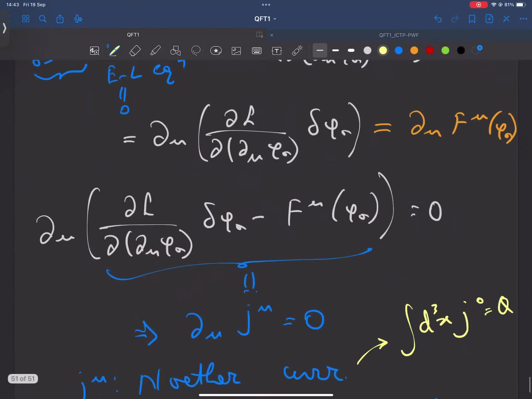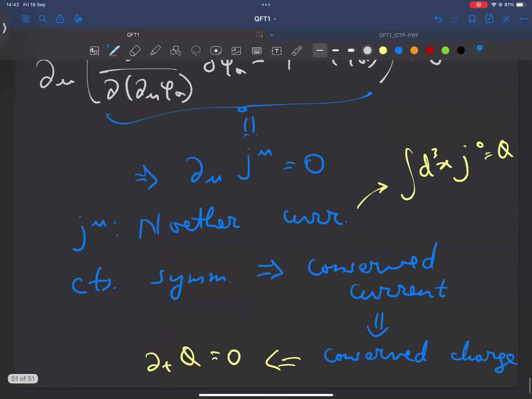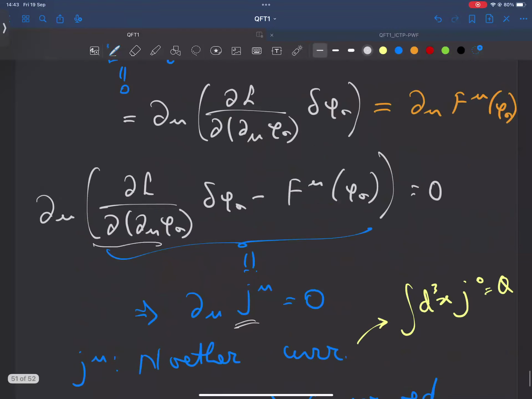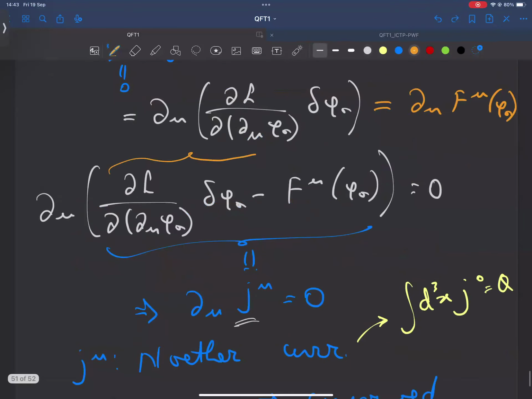And that is very useful because you see that this J mu is directly given by this object. If, let's say, f mu was 0, or in other words, if delta L was 0, then obviously delta S is also 0.